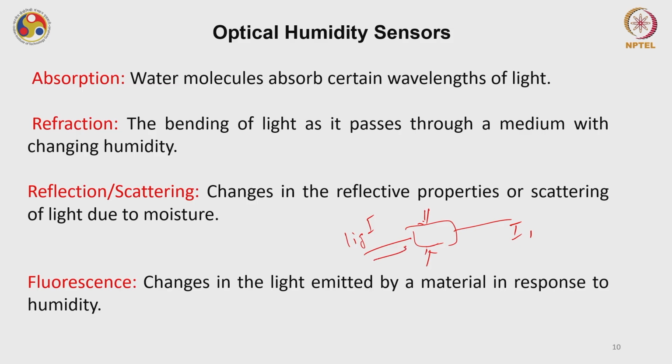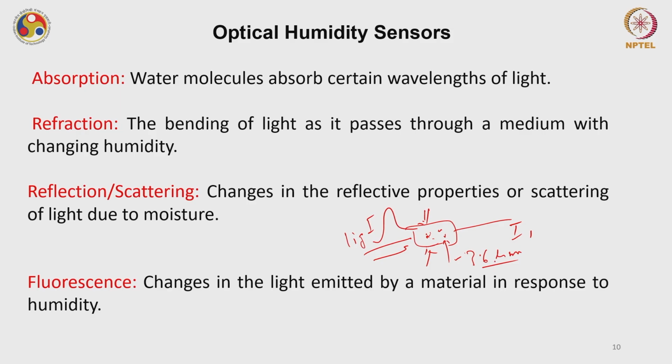When I have water molecules, the same light will be absorbed by the water molecules at some wavelength, say particularly 3.6 micrometer light. So this was a broadband light, it is absorbed at say 3.6 micron. Intensity earlier was I1, now the intensity will decrease for this particular wavelength and I have an intensity I2. I may compare these things, and I can find what is the relative humidity.